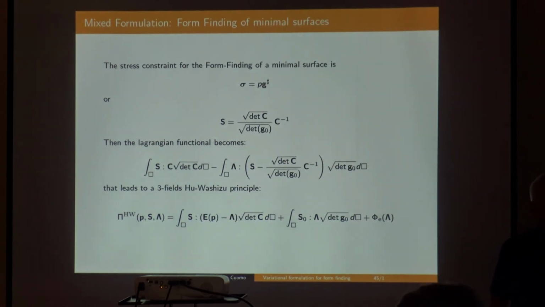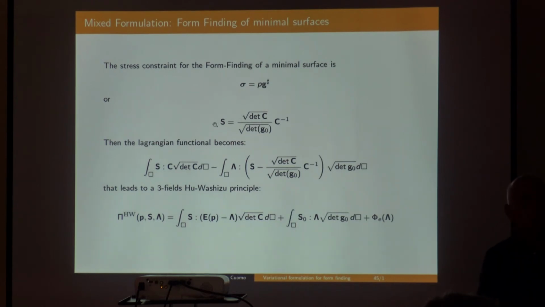So what is the constraint we have to enforce in this case? For example, the Cauchy stress has to be isotropic. So sigma equals some stress p, which we take as 1, of course, times the contravariant metric. Sigma is a contravariant tensor.